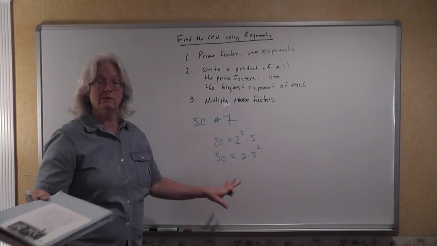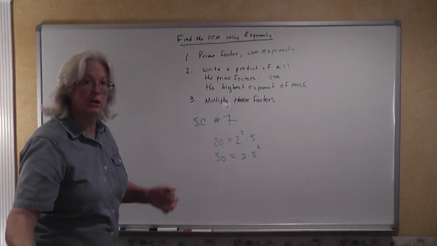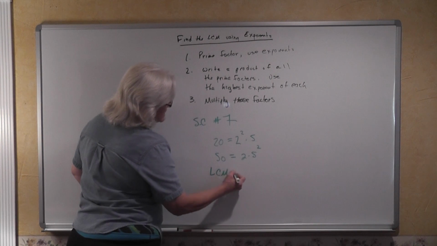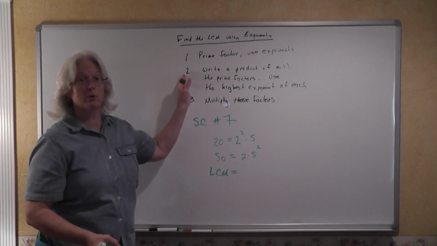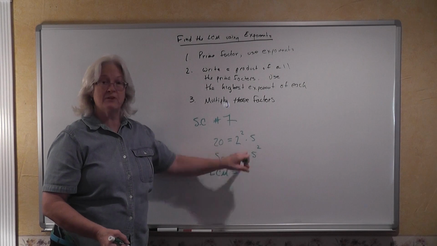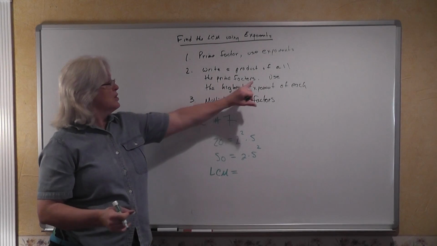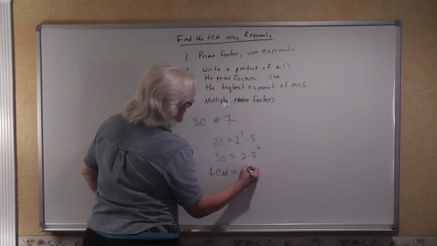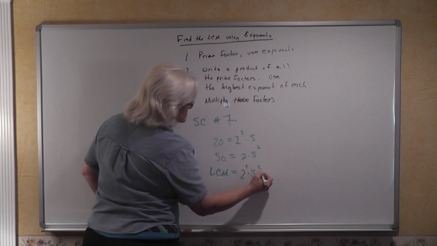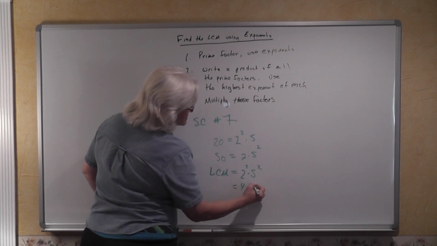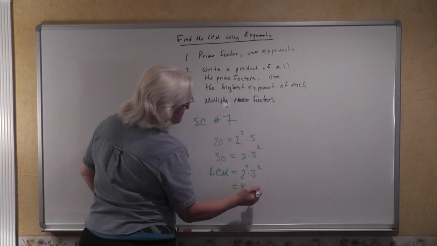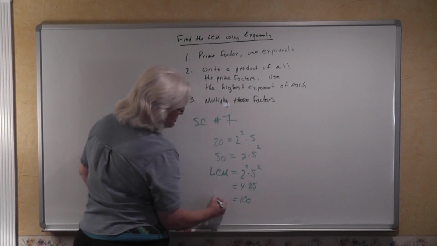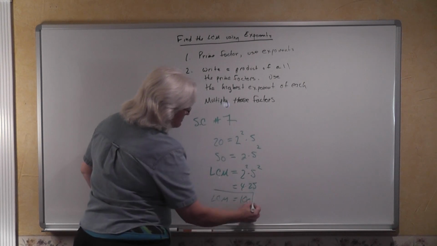So they've actually already done your prime factorization, and they want to make sure that you are remembering step 2, that says you write a product of all of the unique prime factors, use the highest exponent of each. So we are going to have 2 squared times 5 squared, which is 4 times 25, which gives you a least common multiple of 100.